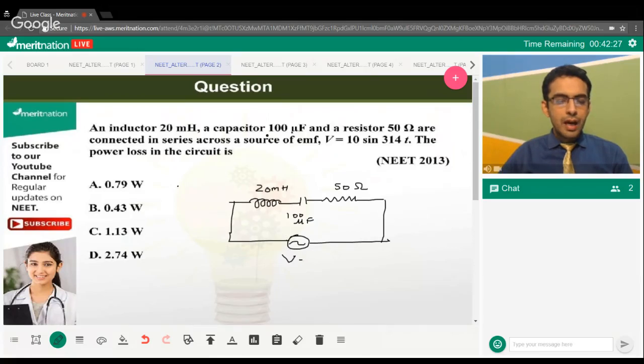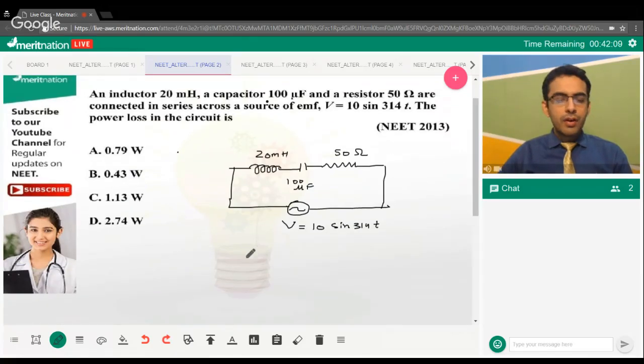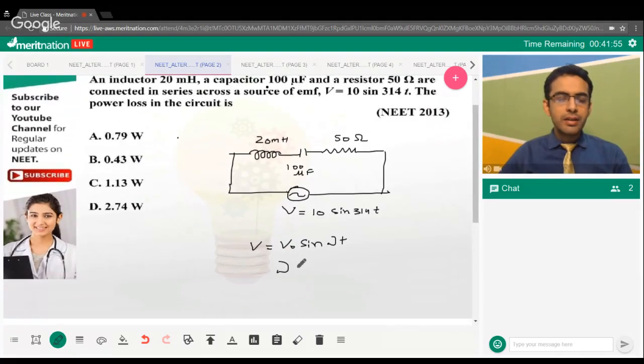The voltage source has a peak voltage of 10, so 10 sine of 314 T. If you compare this given relation with the standard relation for AC, V is equal to V naught into sine of omega T, where V naught is the peak voltage and omega is the angular frequency of the AC. So omega here will be equal to 314 radians per second, and V naught, that means peak voltage, is 10.